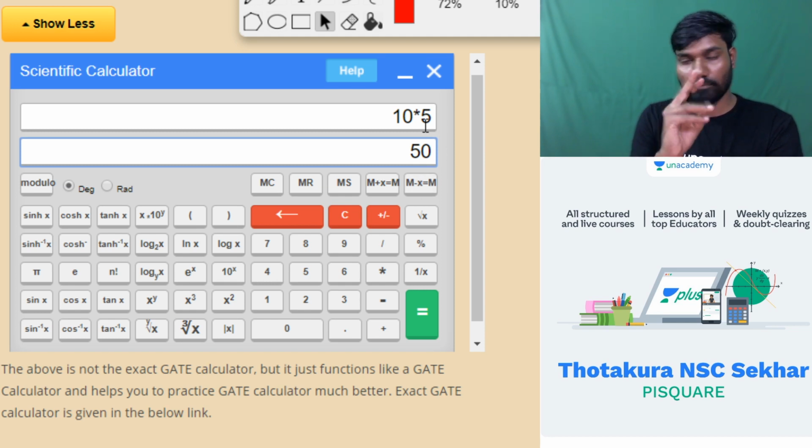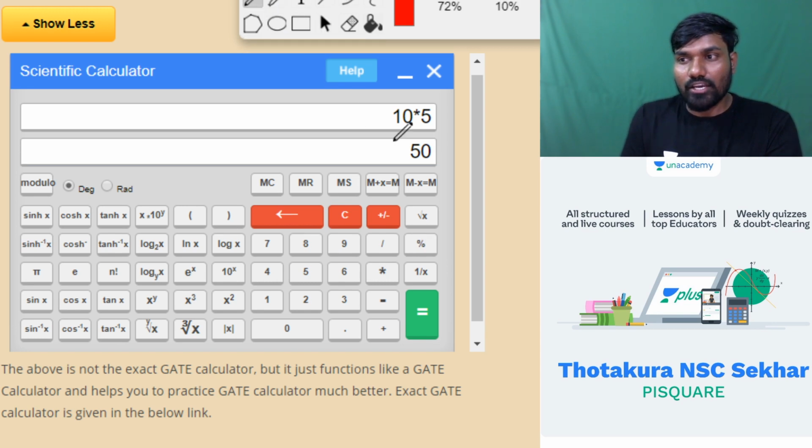That's tip number 1: always, before taking the value, double click equal to and take the final value. Tip number 2: always make sure you have entered the equation correctly.